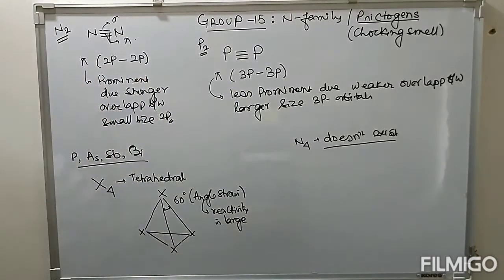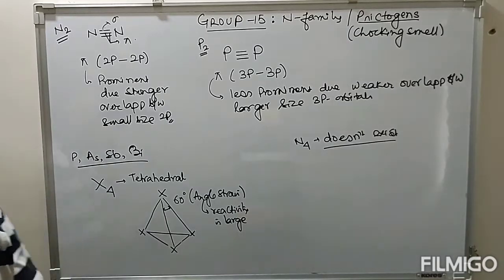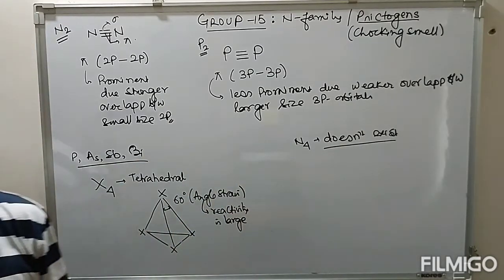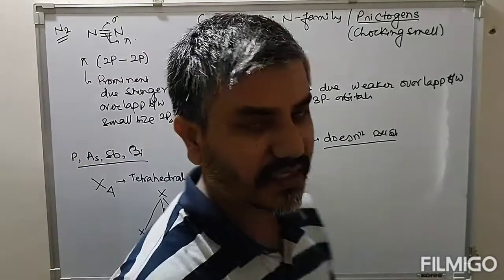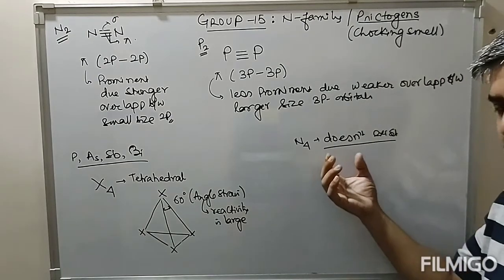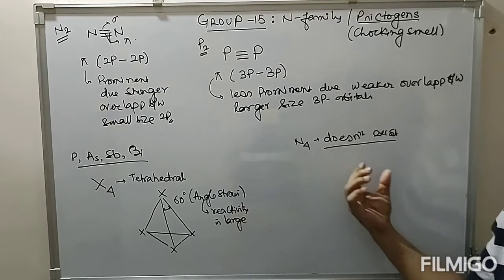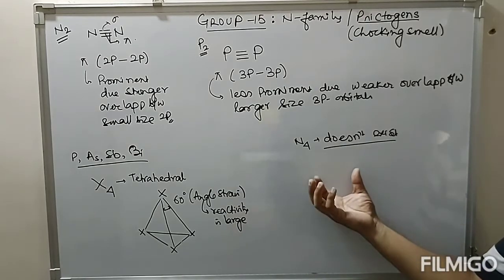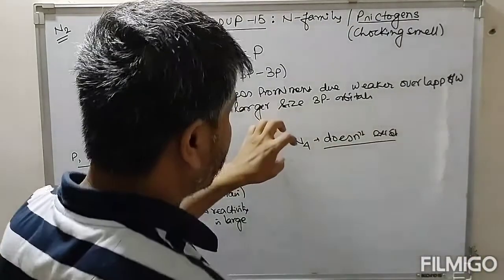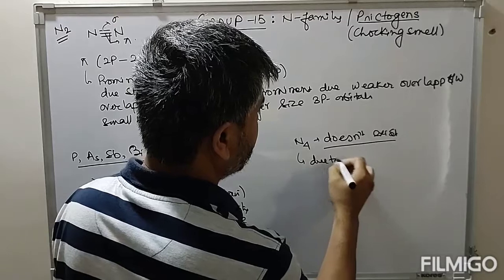N4 does not exist because, due to small size, there is a large repulsion between the non-bonded electrons of the inner core.